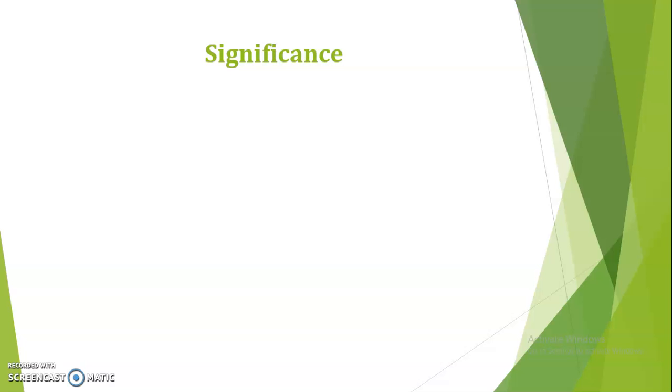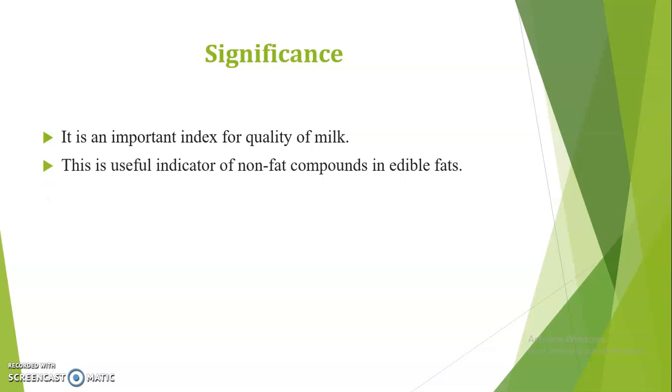Now, after completion of the principle, we will check what is the significance of this Reichert Meissl value. It is an important index for quality of the milk. So to check the quality of the milk, this is one of the important parameters used. This is a useful indicator of non-fat compounds that are present in the edible fats. Generally, edible fats that are present may be adulterated or mixed with non-fat compounds.